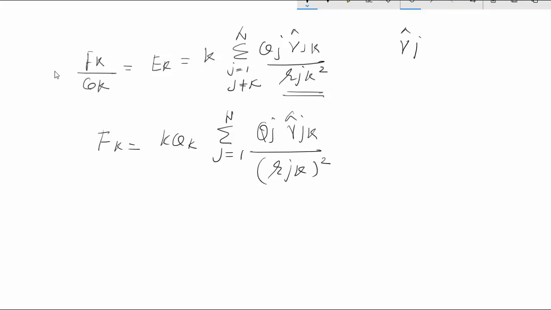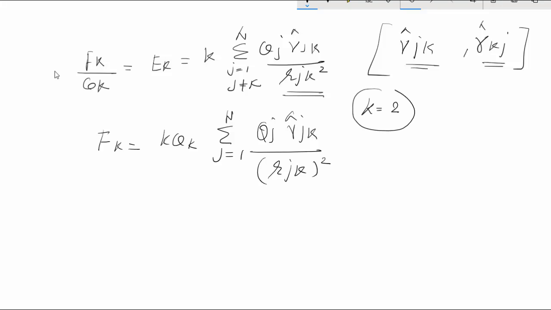So whether you are considering the unit vector to be jk, or the unit vector to be kj, this will depend on the direction of the charges. Suppose your k is charge Q2 in this case, and your j is charge Q1.